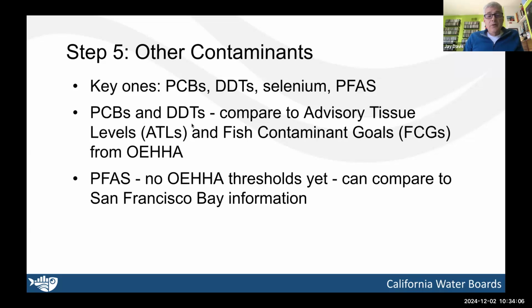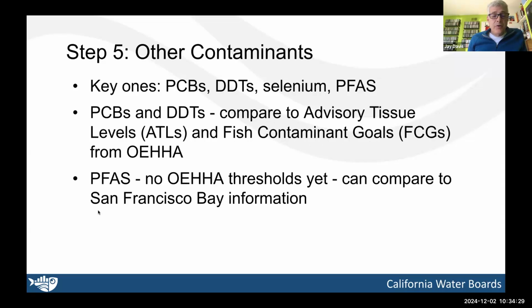For PCBs and DDTs, you can compare to advisory tissue levels, and the state uses fish contaminant goals, which are another set of thresholds from OEHHA. And for PFAS, again, we don't have California thresholds yet, but we've got a lot of data for San Francisco Bay.